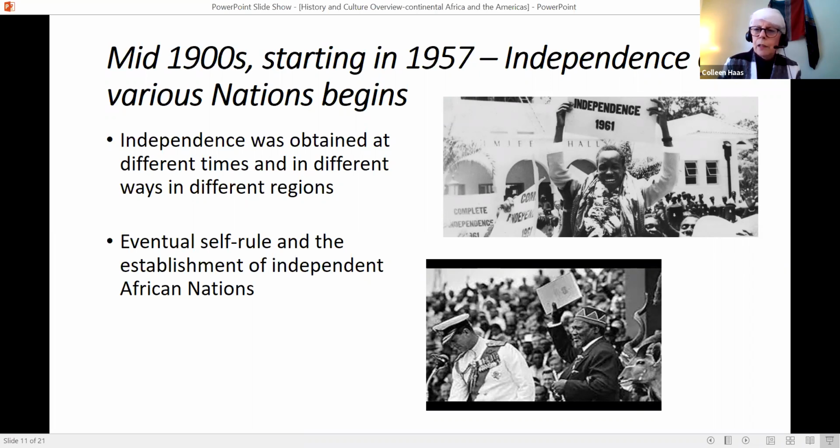And then other countries followed suit through time. Some of the later countries, like South Africa, gained their independence later. But it went from about the 1960s until about the 1970s and 80s before they gained complete self-rule.